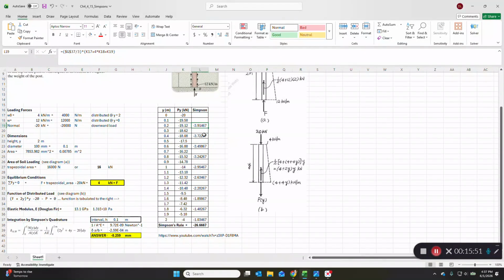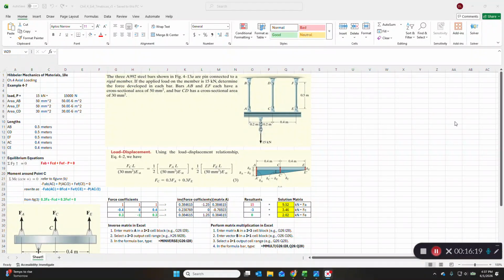And then we copy it to every other y value, and we will end up with the summation of all of those as being the solution to the integral. We have to pull the constant 1 over AE outside and multiply that by the integral. And everything must be in the same units. I kept everything in newtons and meters, but then I brought it back to millimeters. So it's a very small displacement.